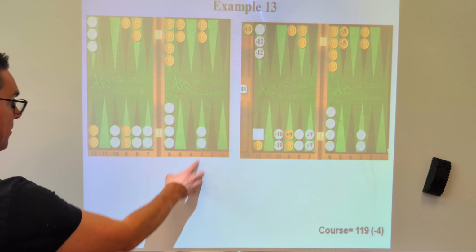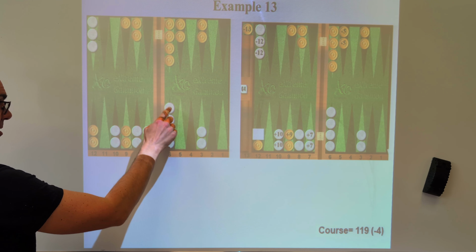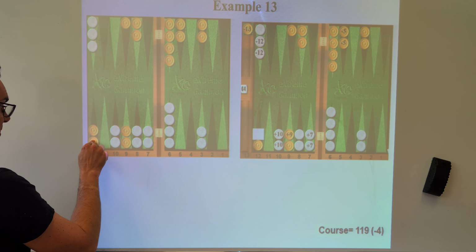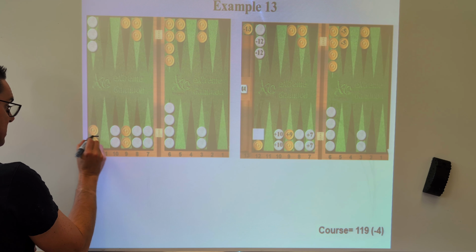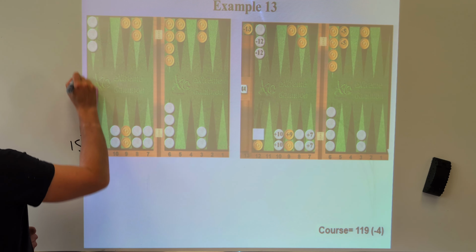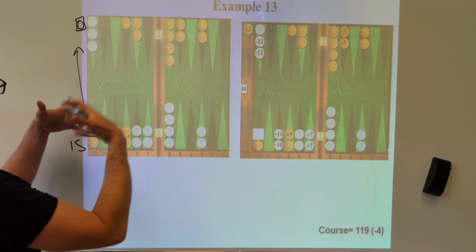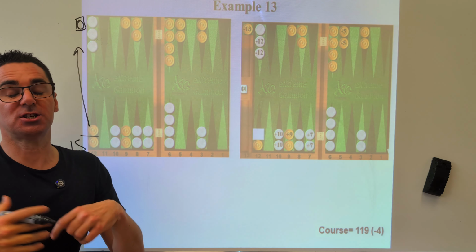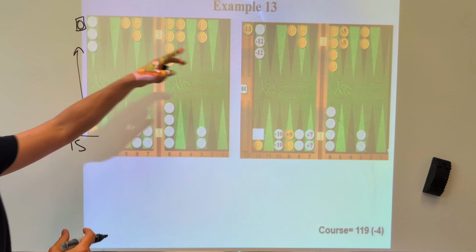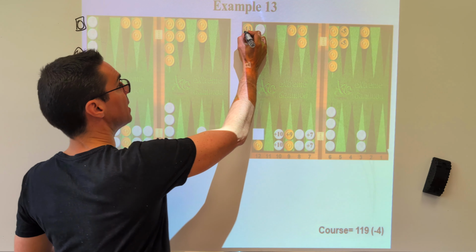Next example, you have 5 checkers here, 5 checkers here, and 5 checkers here. This one has to be put on an imaginary 13th column, and you compute.